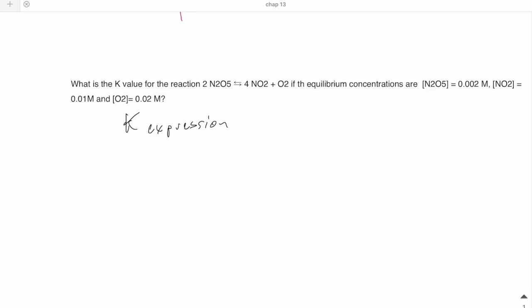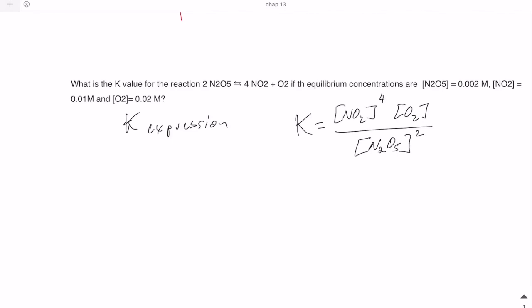And remember that the equilibrium constant is going to be the ratio of products over reactants. So we would first write the products' concentrations and then over the reactant concentration. Now, the second part is the stoichiometric coefficient. Each concentration is raised to the power of its stoichiometric coefficient. So NO2 has a coefficient of 4, so it's going to be raised to the power of 4. Oxygen has a coefficient of 1, so it's just 1. And N2O5 is squared.